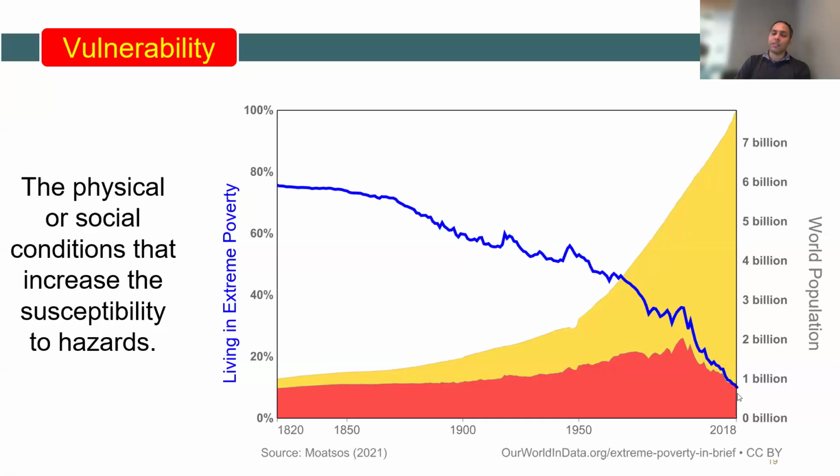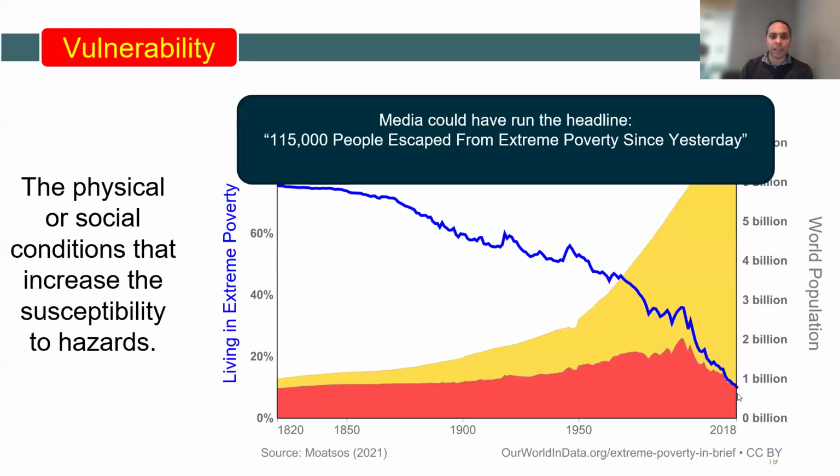The fraction of people living in extreme poverty and the total number is decreasing very dramatically every year. So much so that all the world's media could have run this headline: 115,000 people escaped from extreme poverty since yesterday. All the world's media could have run that headline every single day for the past 35 years. That's how many people come out of extreme poverty. So that's a good thing, right?